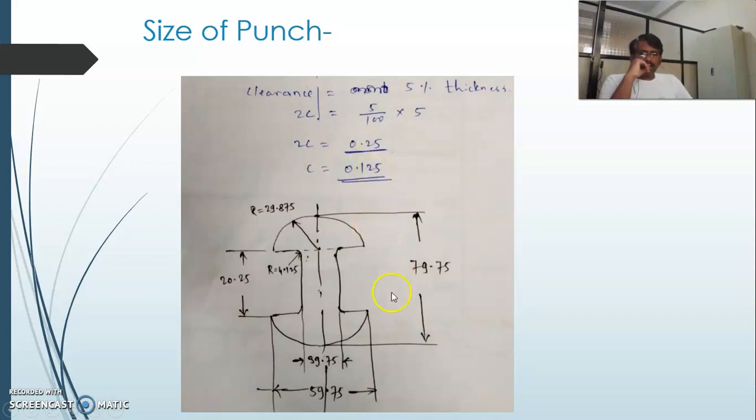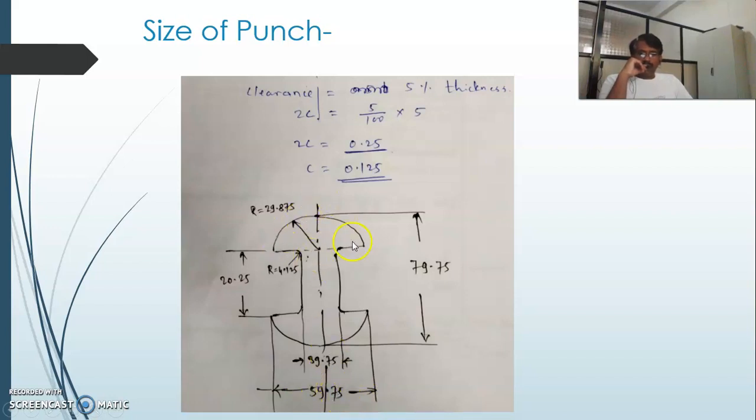So earlier the total height of the component is 80, so 80 minus 2C becomes 80 minus 0.25, that is 79.75. Then for the length of the component, earlier it is 60, so 60 minus 2C becomes 59.75.